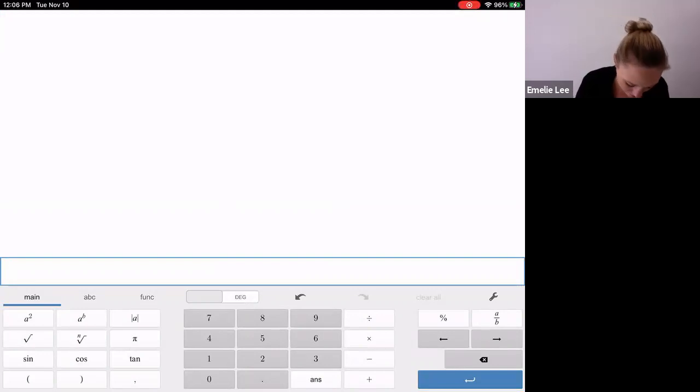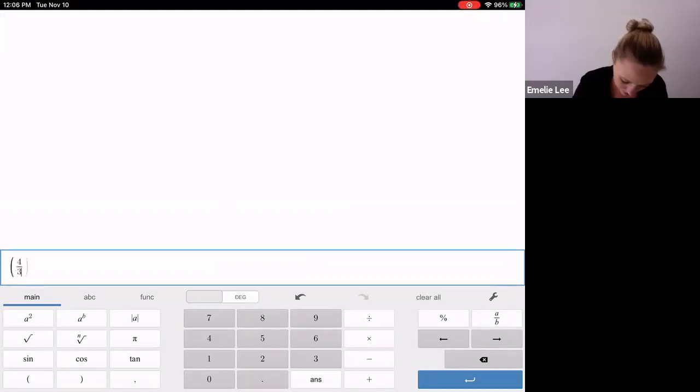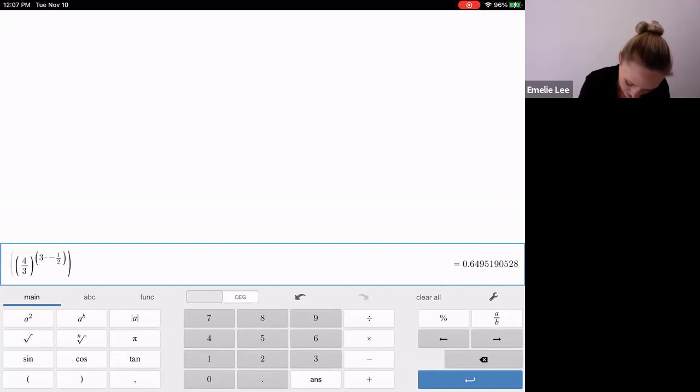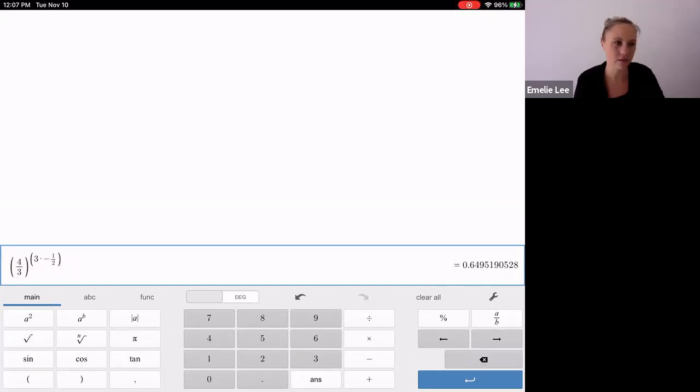So we've got 4 divided by 3, and notice that I'm going to put brackets around this, right? 4 divided by 3, and then all to the power of, and also in brackets just to make sure that everything stays in the power, 3 times -1 divided by 2. And then I'm going to step out of those brackets.